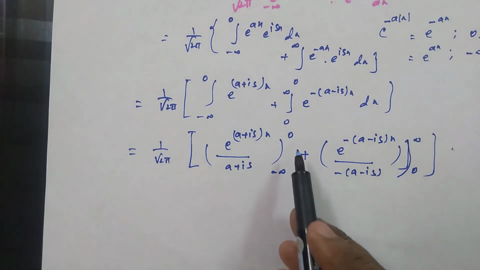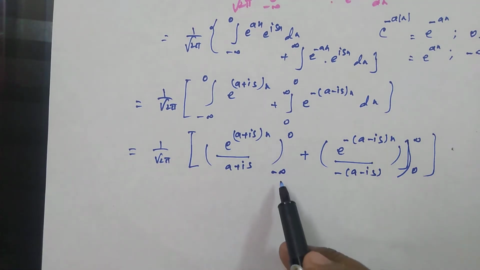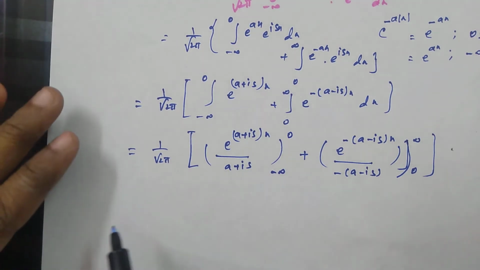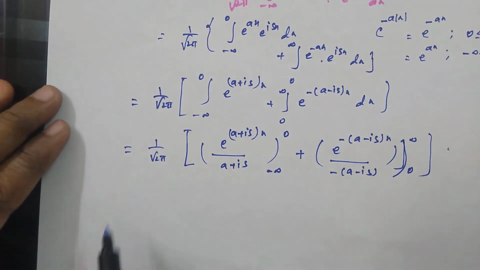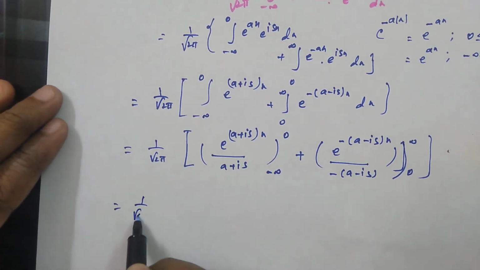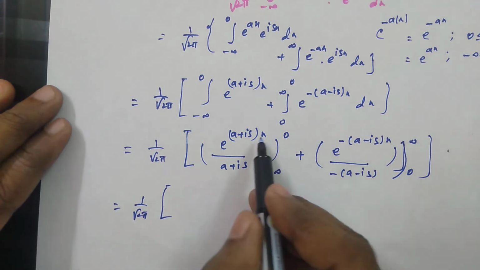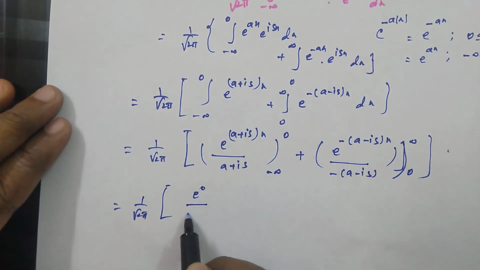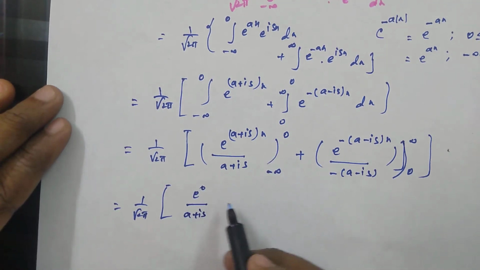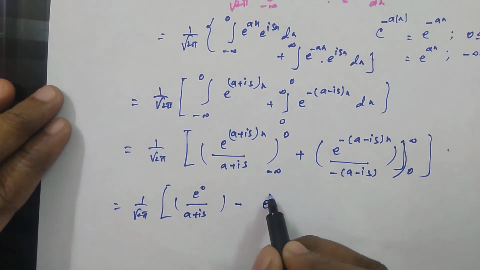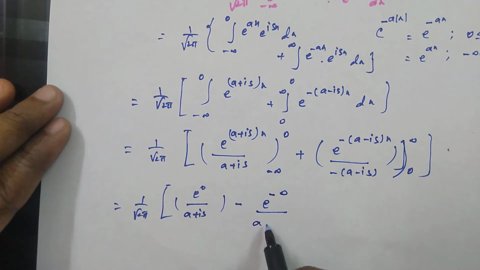Now, we are going to apply the limits. For the first term, the upper limit is 0 and the lower limit is minus infinity. So, 1 by root 2 pi, e power 0 divided by (a plus is) is our upper limit, minus the lower limit, e power minus infinity divided by (a plus is).